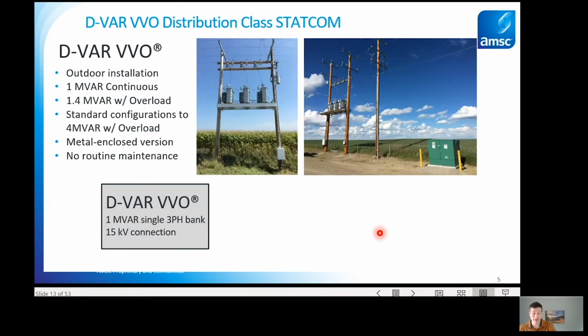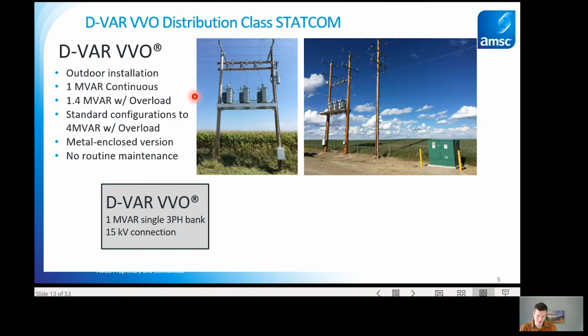VVO is what American Superconductor calls our distribution class StatCom. So distribution class StatCom is truly distribution class equipment. That's the first key thing to understand. This is not some transmission level product that's kind of tried to quickly apply it to a distribution system.